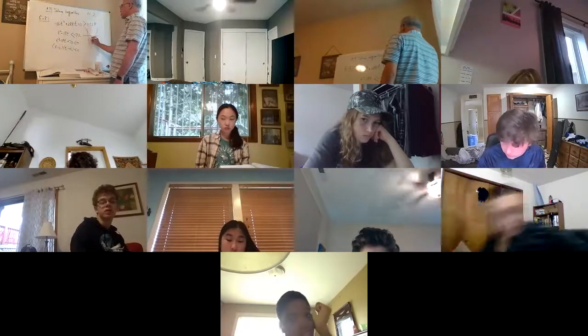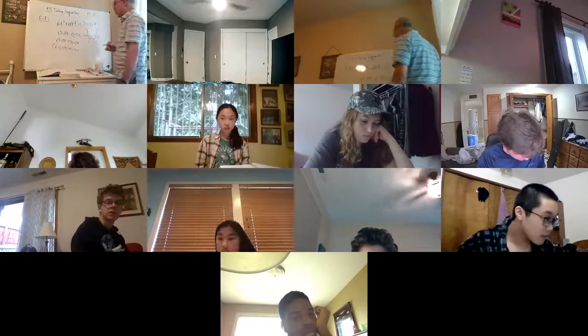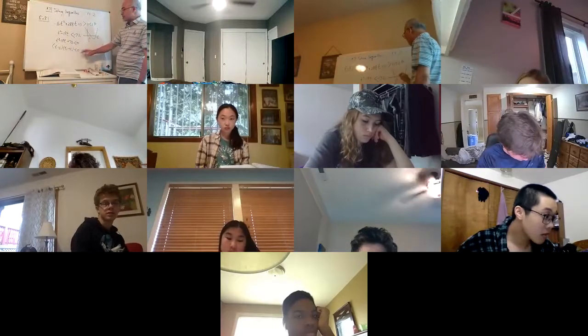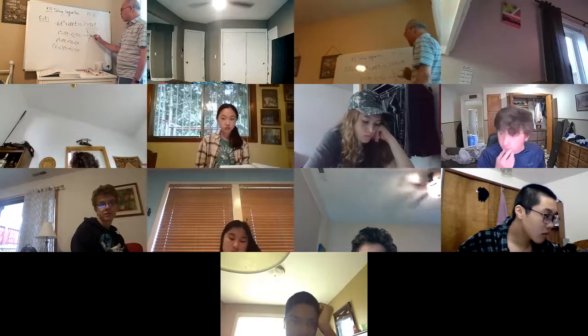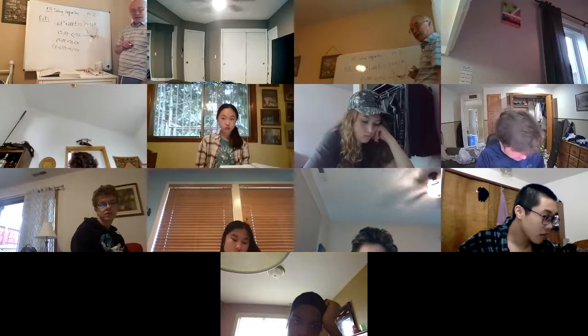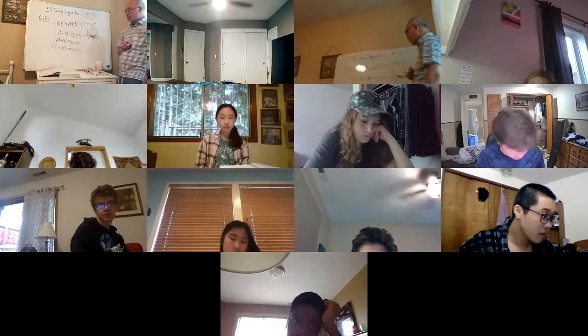I'm going to go 6 and 12, and I want to know when it's less than 0. Less than 0 between 6 and 12, right? Everybody see that? Between 6 and 12?